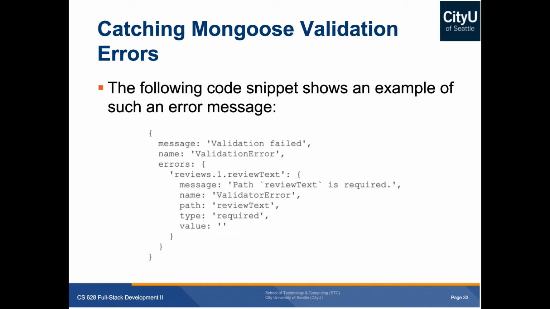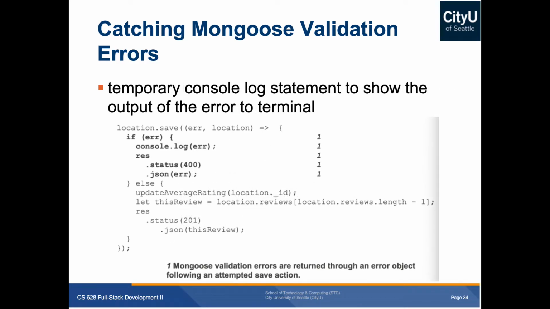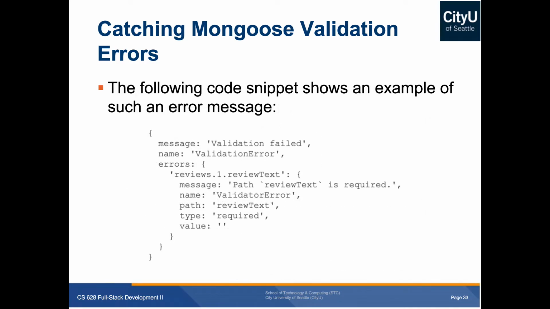So you add the following snippet to show an example of such an error. So this is for a Mongoose validation error, and message validation failed, name validation error, and the review text, and so on and so forth. So this would just say which part is missing. So is it review text?